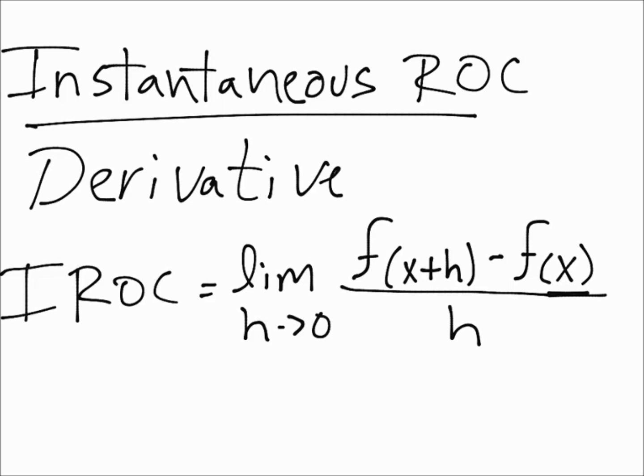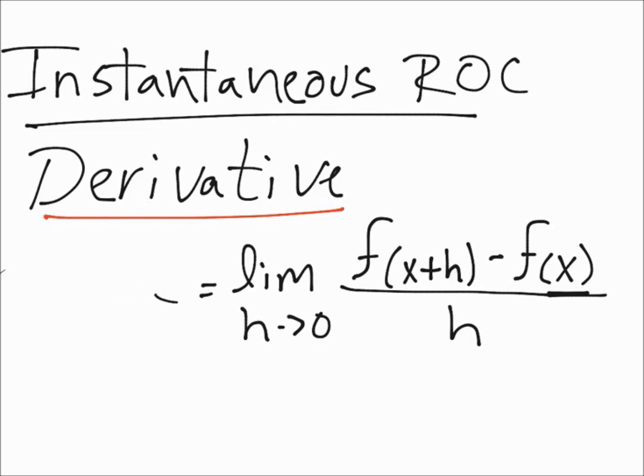So that's the instantaneous rate of change, or the derivative. So you can just erase this and write it as how a derivative is usually written. That will be f prime of x. So the derivative function of f of x is going to be f prime of x. And I'll do a quick problem using this equation to show you how it works.